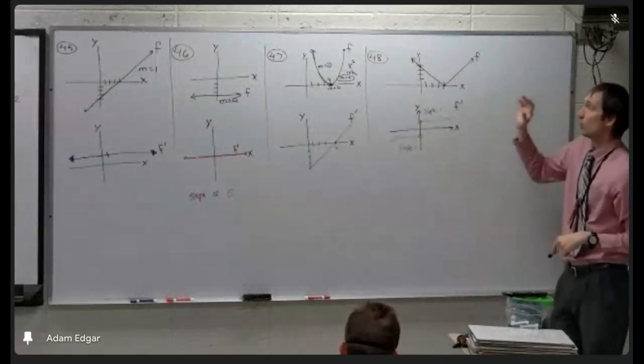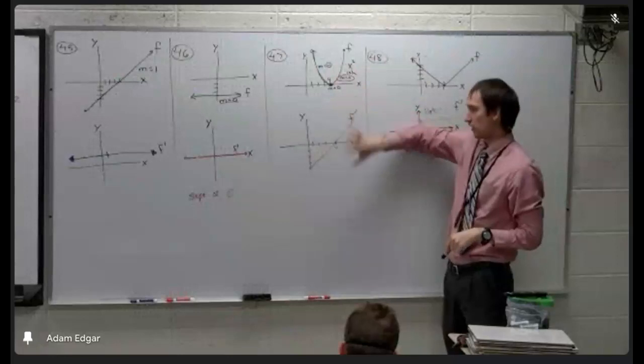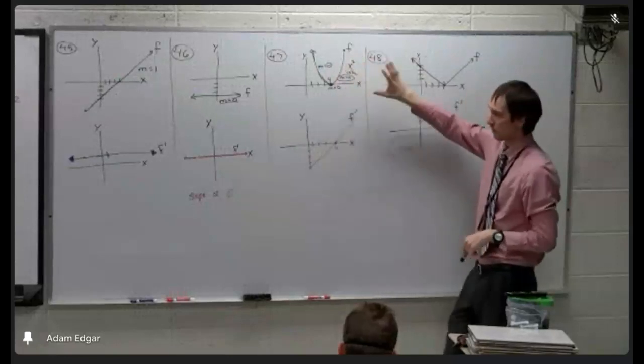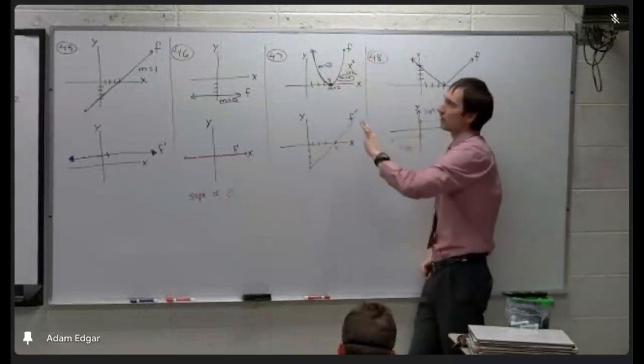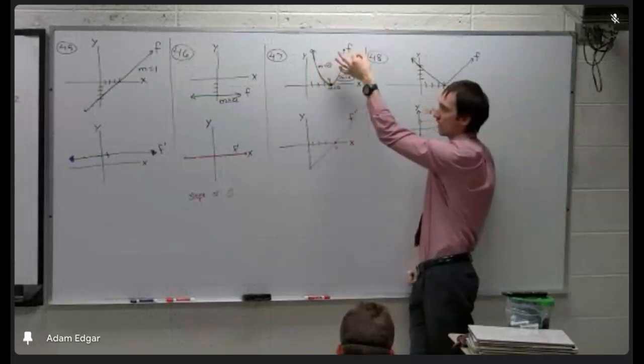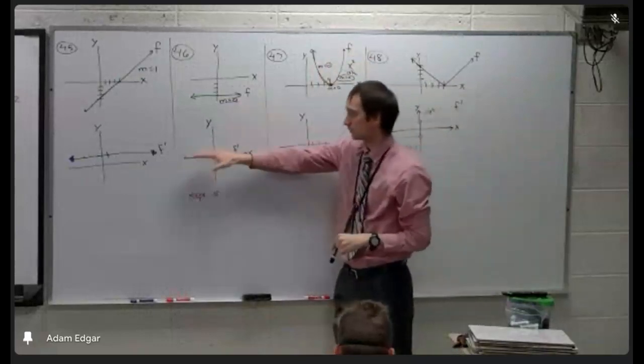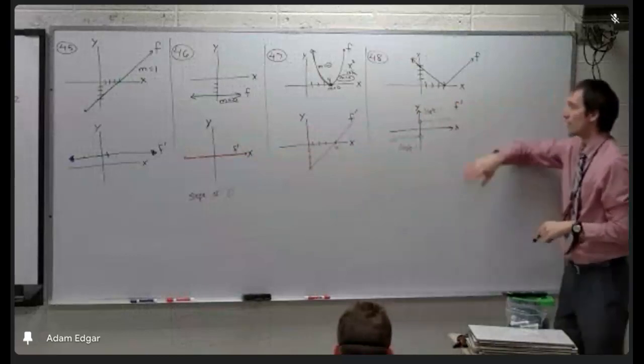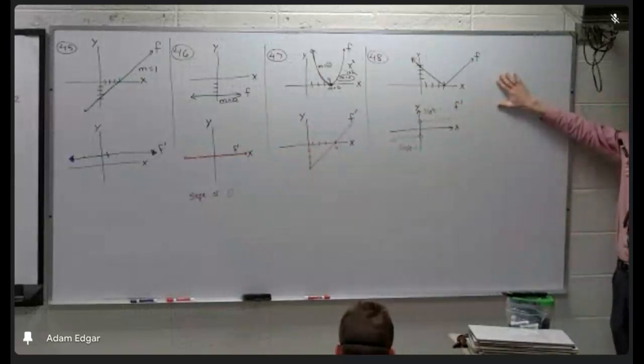So graphing the derivative from a curvy f is a little tougher because in this case, the slope is always changing as opposed to the slope being some constant value. And then 48 was George.